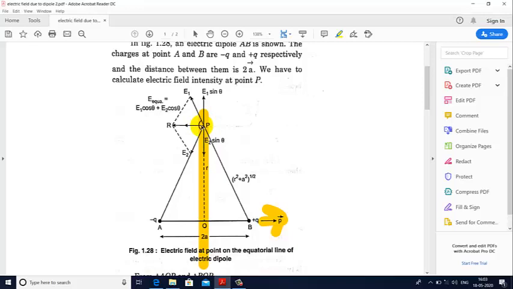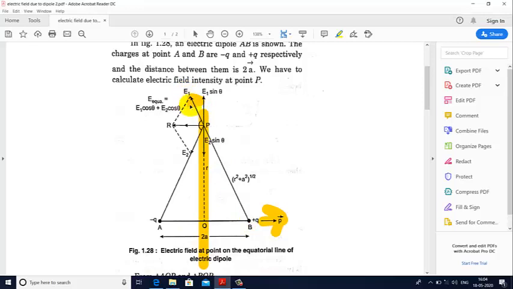At P there will be two electric fields, one due to the charge minus q and second due to the charge plus q. The direction of the electric field due to charge plus q is this direction, E1, because for a positive charge the direction of the electric field is outwards.